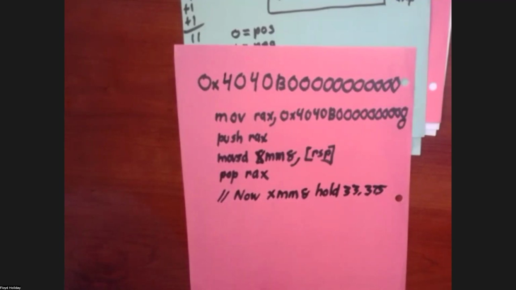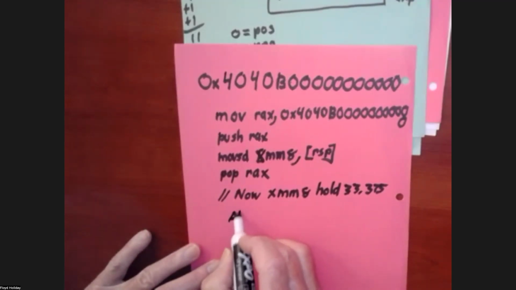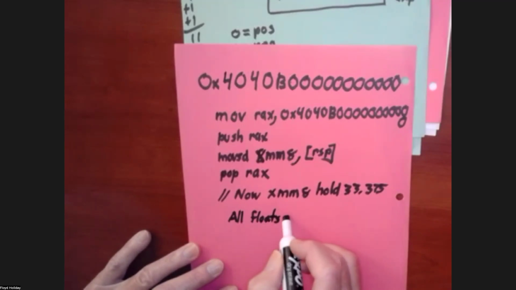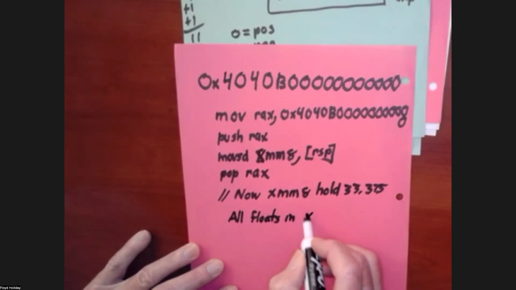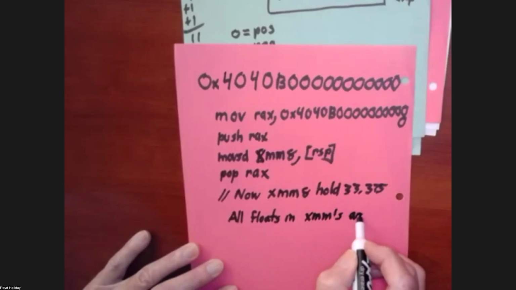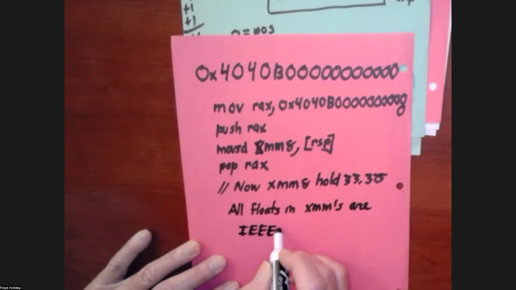They're all IEEE 754 numbers. All floats in XMMs are IEEE 754 numbers.